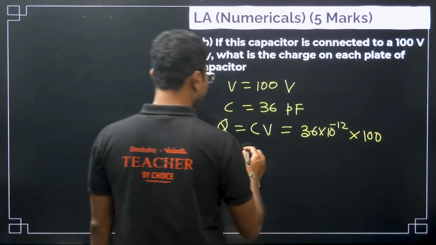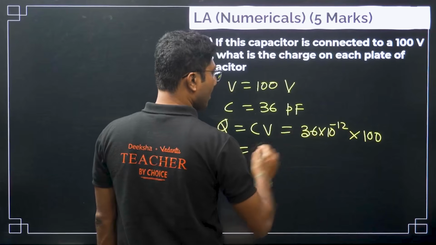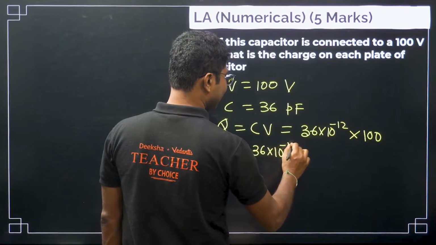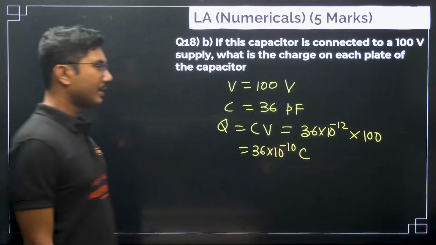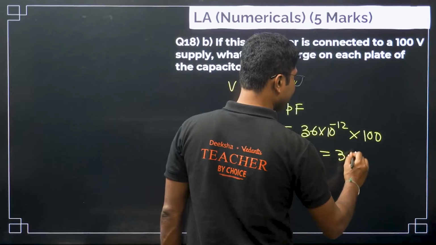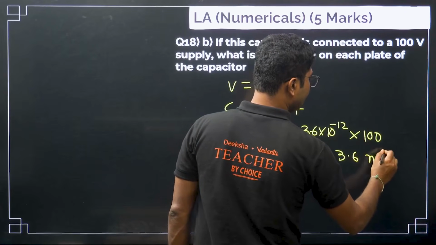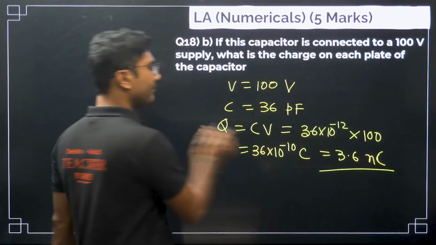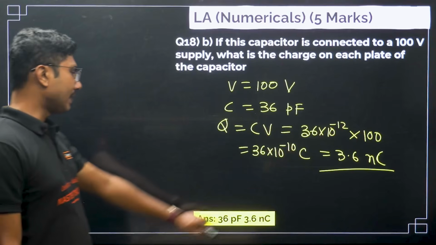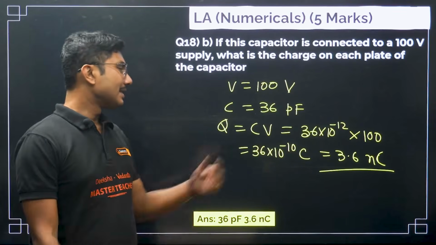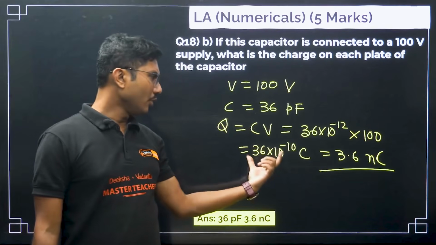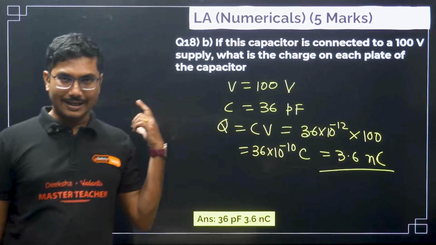So from there we get 36 into 10 to the power of minus 10 coulomb, or you can write this as 3.6 nanocoulomb. This is optional. If you leave your answer like that, you will get full marks. So the answer is 36 picofarad and 3.6 nanocoulomb. You have to calculate up to this much at least.